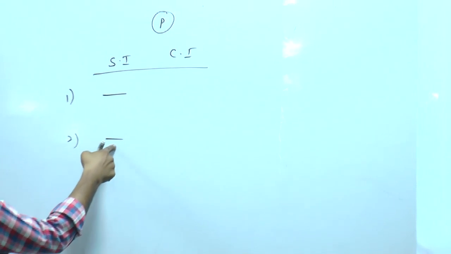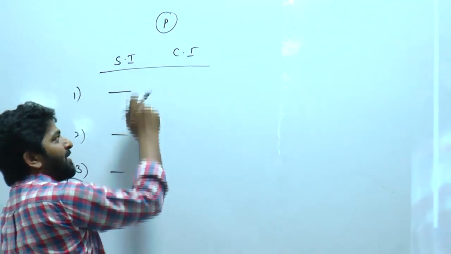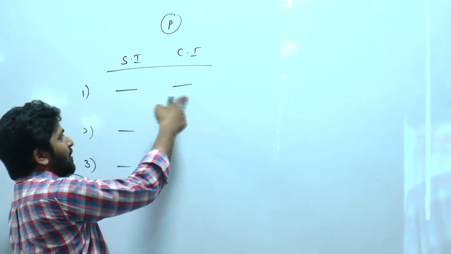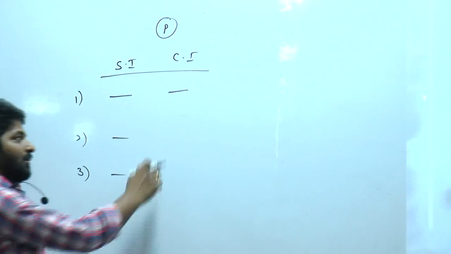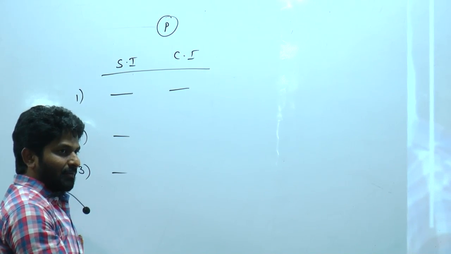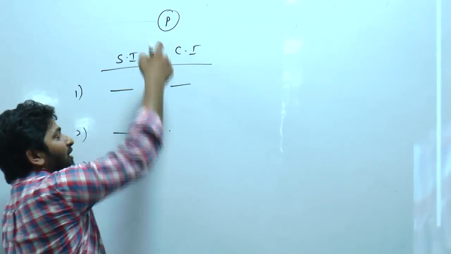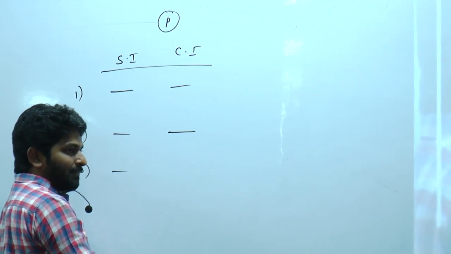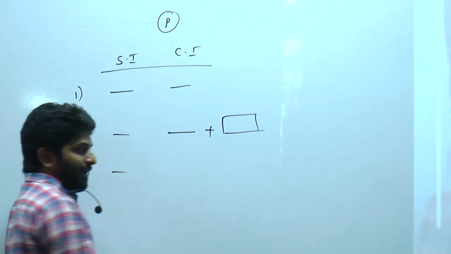The same simple interest comes here. Third year also you will have the same number. On principal, with the same percentage you will get the same number here. So there won't be any difference between simple interest and compound interest for the first year. Yes or no? So second year, you must calculate X% on this number, represented with this number, and interest on this. Let it be, keep it in a box.